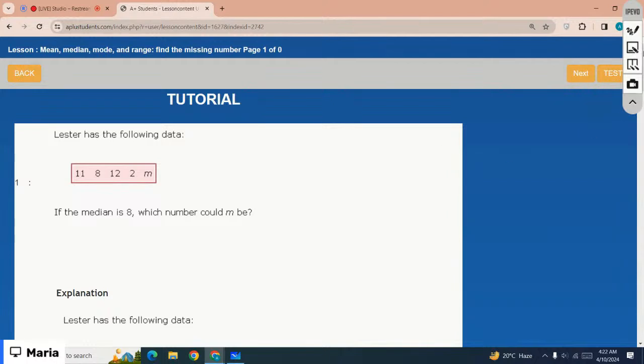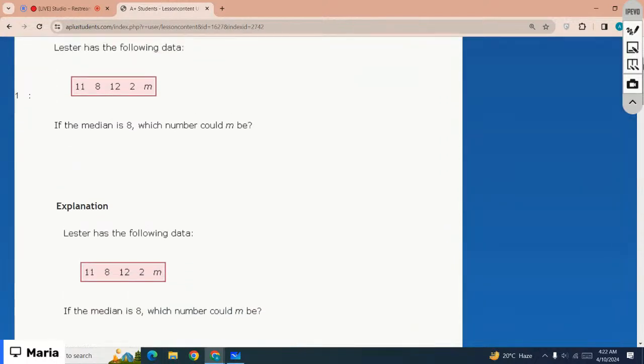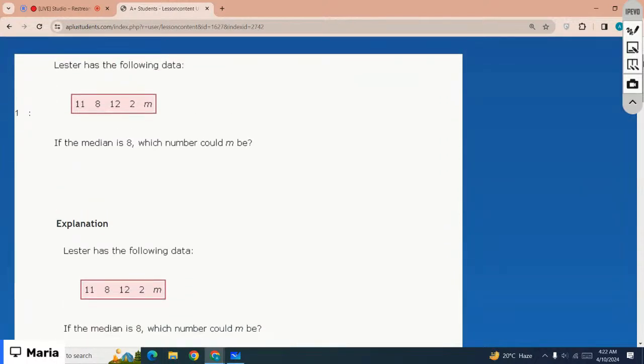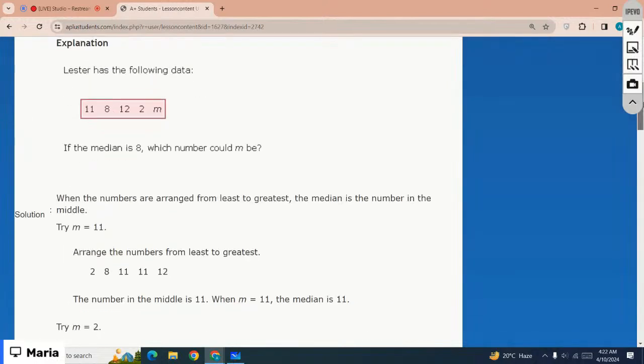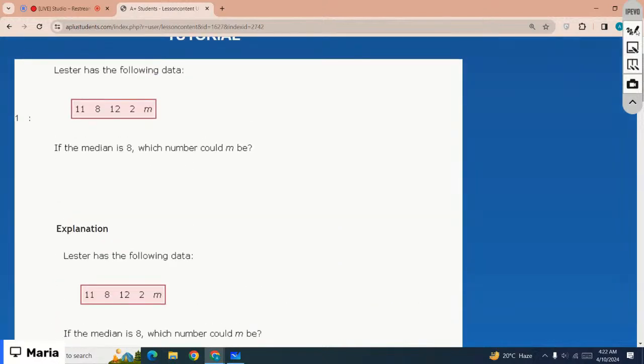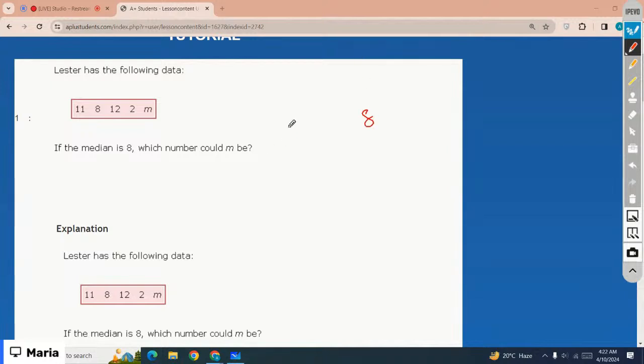Lester has the following data. If the median is 8, what number could M be? Median means the middle number, right? If you arrange them, 8 is the median, right? Before 8, you have all the numbers that are less than 8, and after 8, you have all the numbers that are greater.